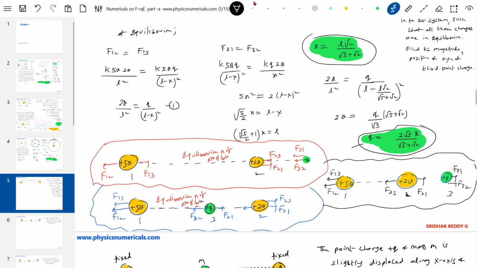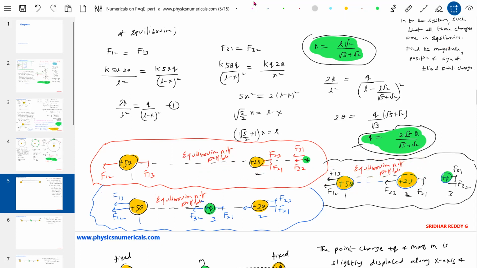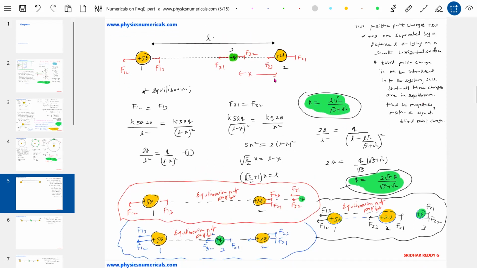So what is finally left over? The assumption I made. Got the idea? A student has to really analyze it; it's not that I suddenly think in this way. What made you keep the negative point charge between these two positive point charges?